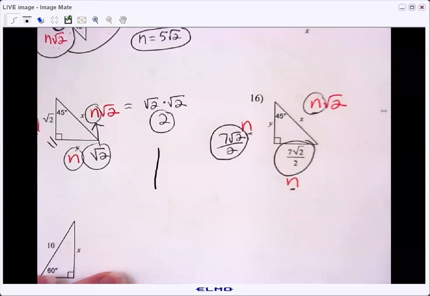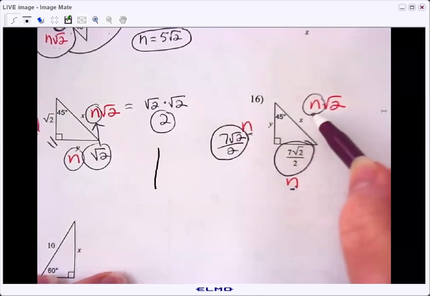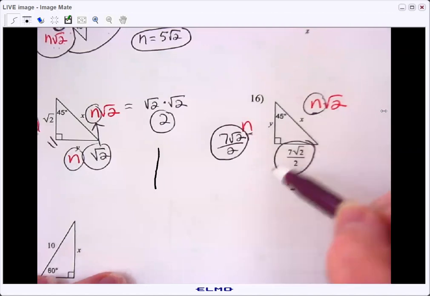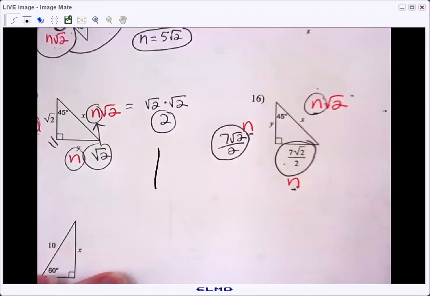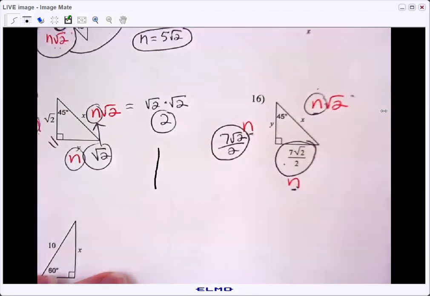If this were 7 down here, guys, this would be 7, 7, and what? If this were just 7, we'd be plugging in a 7 with a root 2. But let me get a little silly here for just a second.